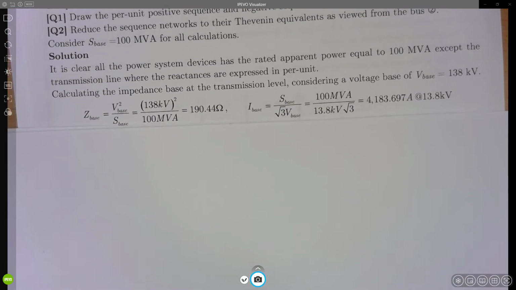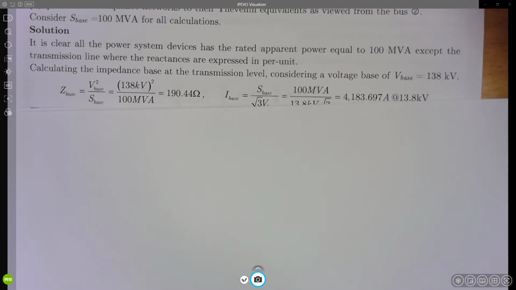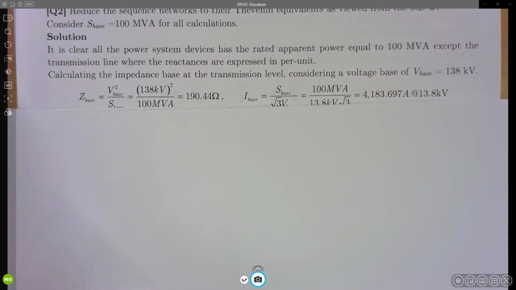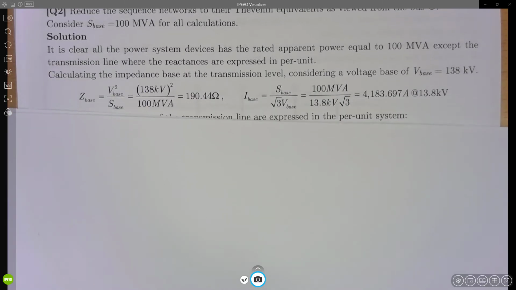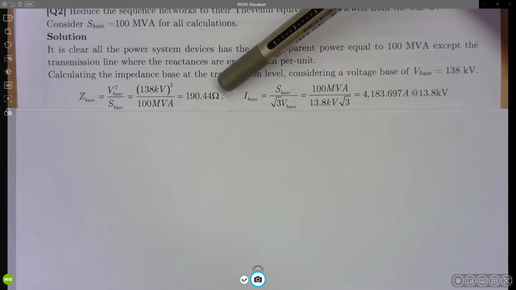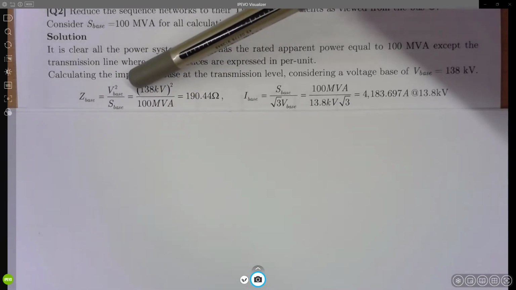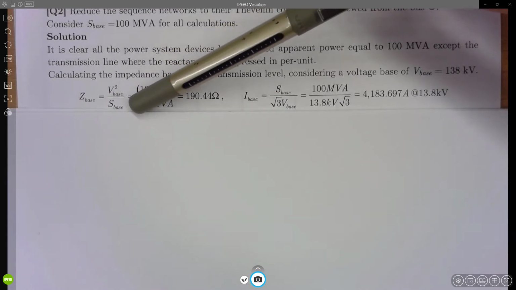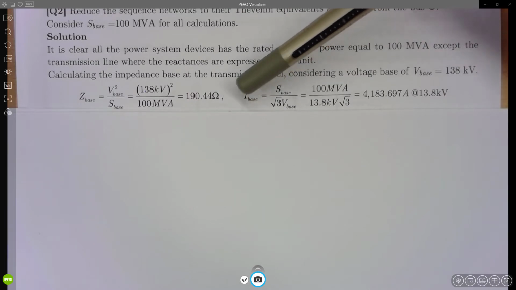First, we want to calculate the bases. I will calculate straight away the base for the impedance, and you must remember the equation: the base impedance depends on the square of the voltage base and the apparent power base.